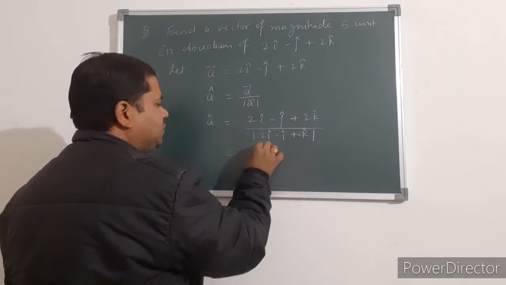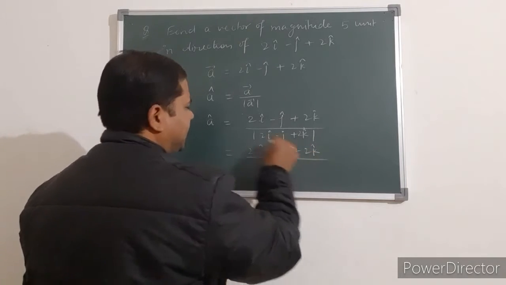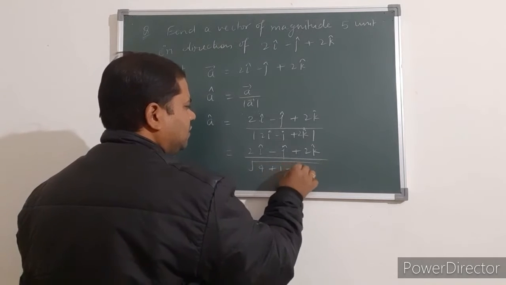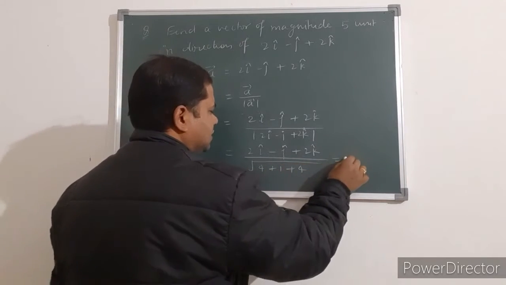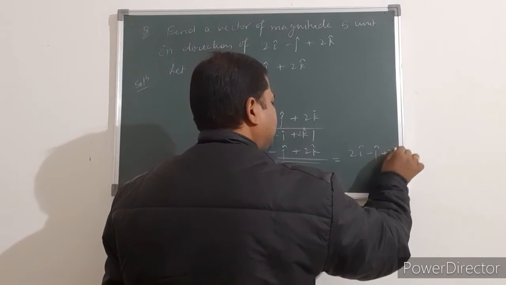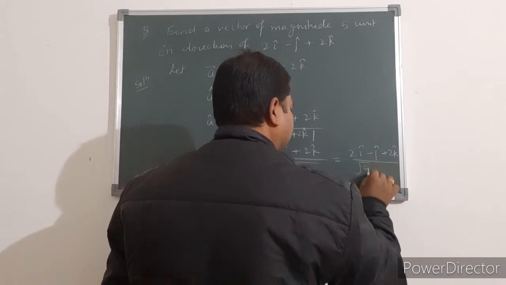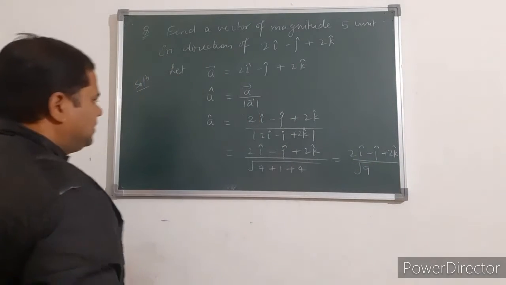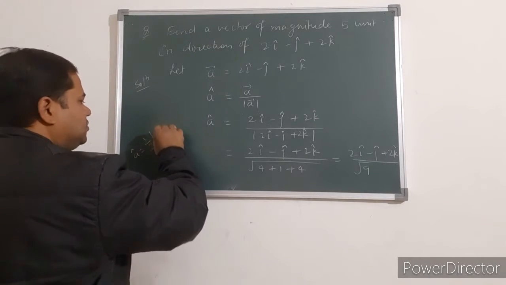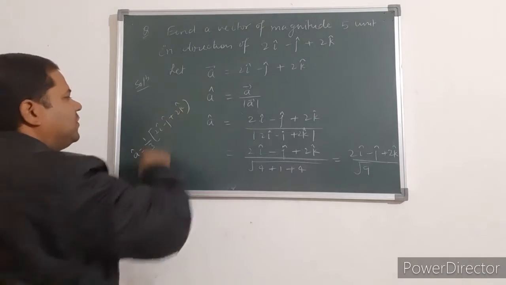This is 2i cap minus j cap plus 2k cap divided by square root of 4 plus 1 plus 4, which is root of 9. So A cap is 1 upon 3 times (2i cap minus j cap plus 2k cap).